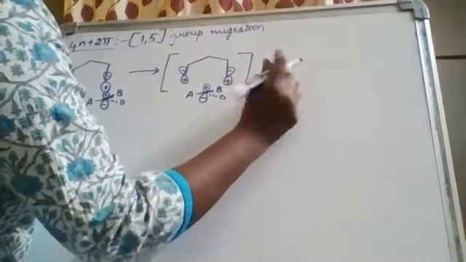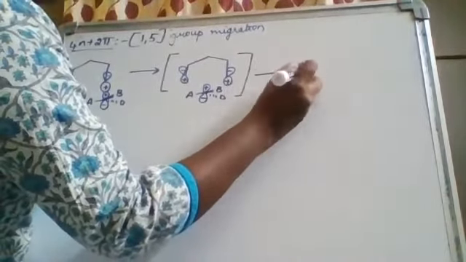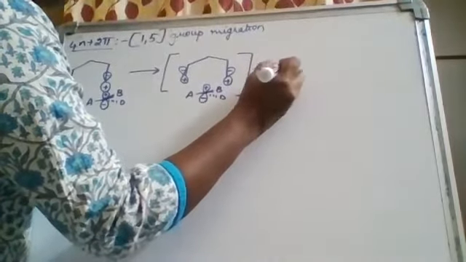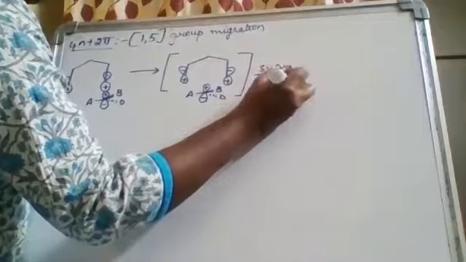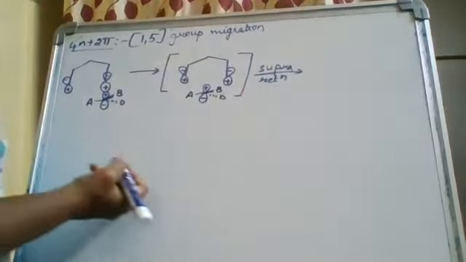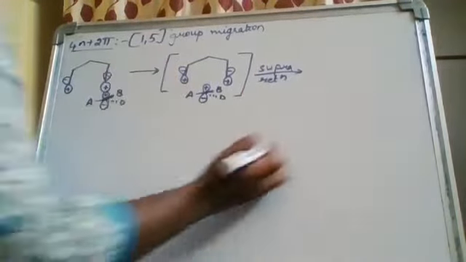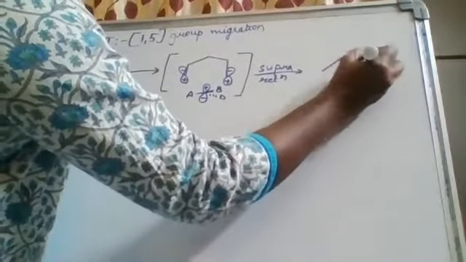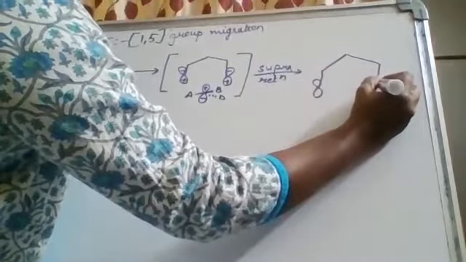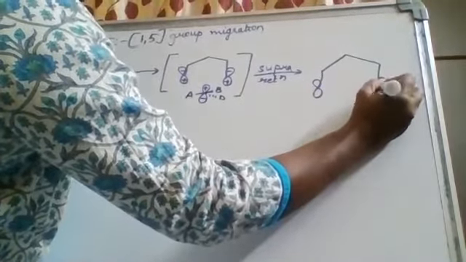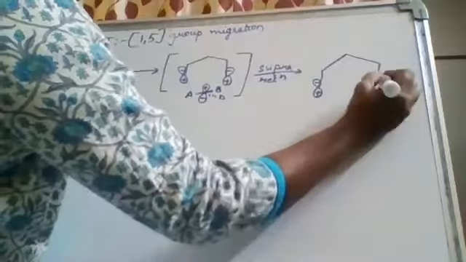Now, we'll go with the suprafacial migration with retention of configuration. That means the group is attached as it is. So when you attach the group as it is, check whether you get a bonding interaction or an anti-bonding interaction.